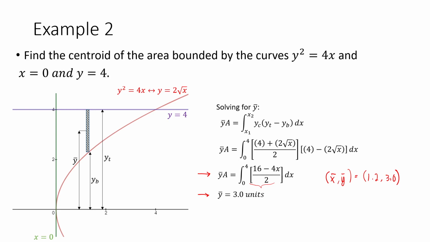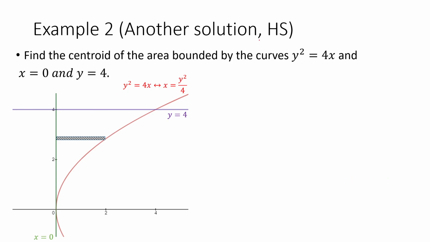Okay, so since the cunning part is we use the vertical strip, let's try solving it using the horizontal strip, or by difference. I think the only difference here is after you graph your equation, you're going to let your equation be in terms of the x parameter because you are now dealing with x right minus x left.